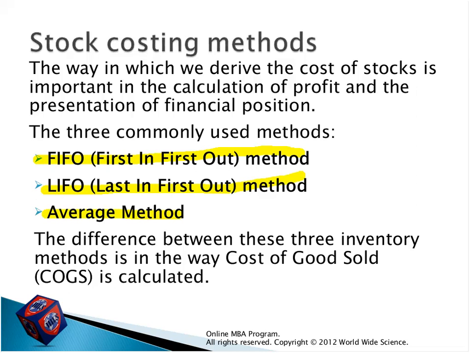So why is it very important to find the right method for your particular company? The difference between these 3 inventory methods is in the way the cost of goods sold is calculated.